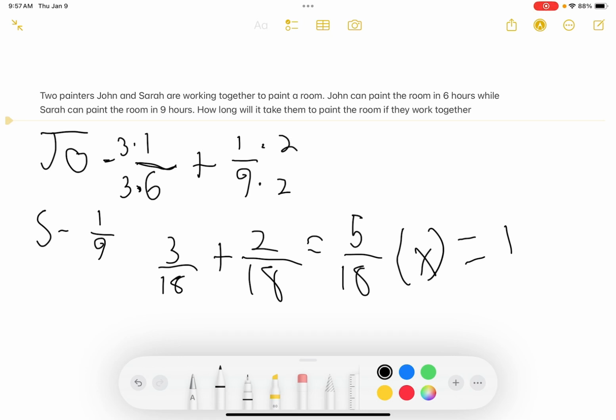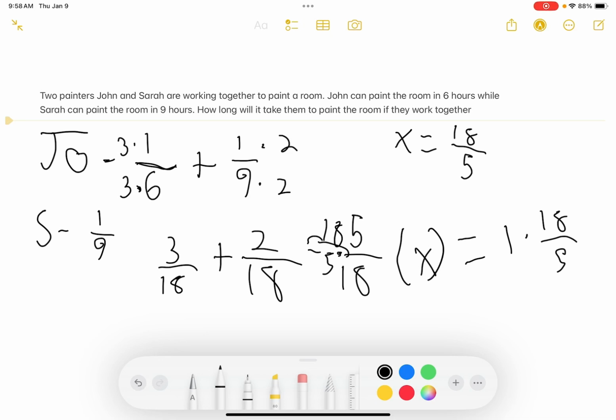How do we get x by itself? We're going to multiply by 18 over 5. So we got x equals 18 over 5. And this is your answer right here. What is 18 divided by 5?